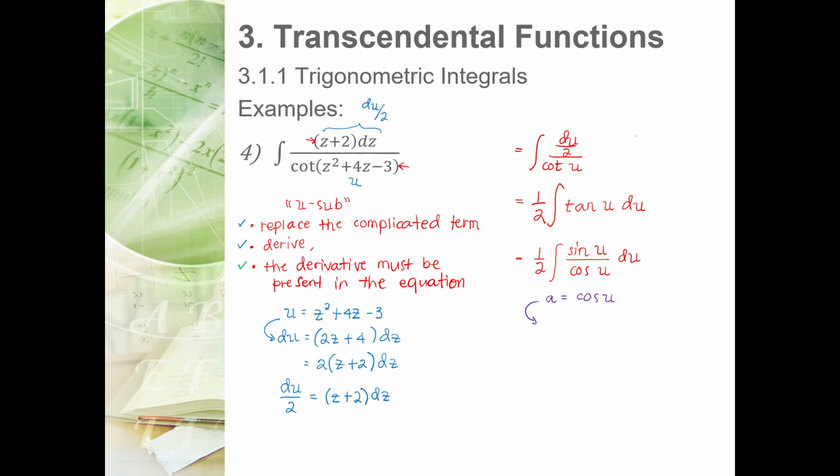So taking the derivative of cosine, dA is equal to negative sine u du. So again, the derivative must be present in the equation. So the numerator is sine u du, and we have negative sine u du. So dividing everything by negative 1, sine u du will be negative dA. And of course, your denominator will be the a parameter.